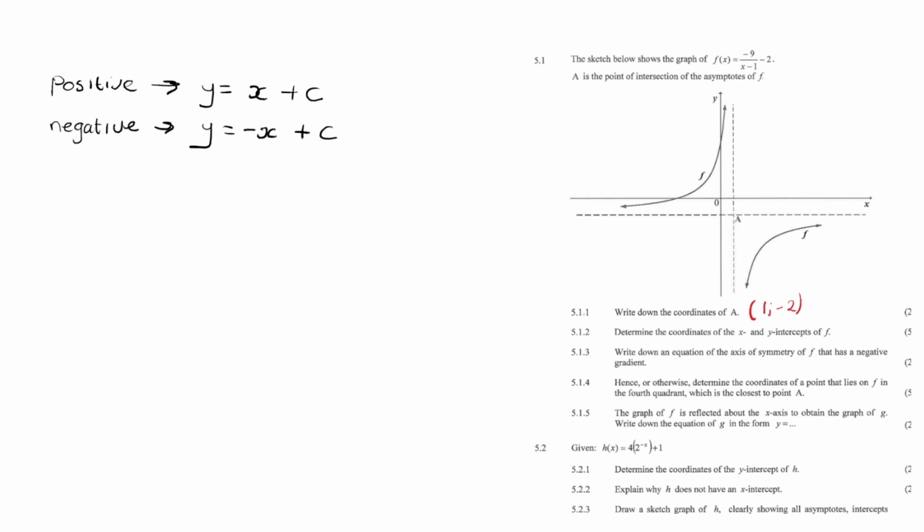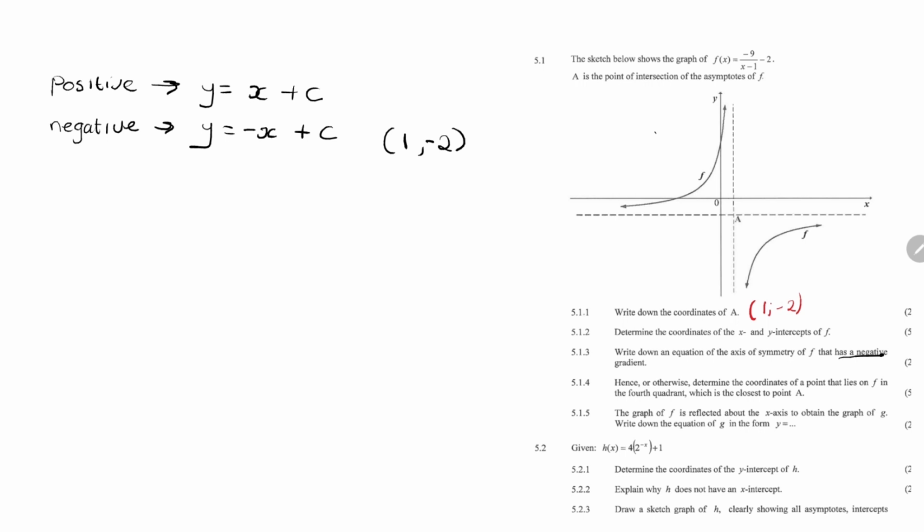So in our case, the question required that we find the axis of symmetry which has a negative gradient. So the one that goes through here. So how do we find that equation? For the first question, we were required to find the coordinates of A, which were 1, negative 2, I mean.